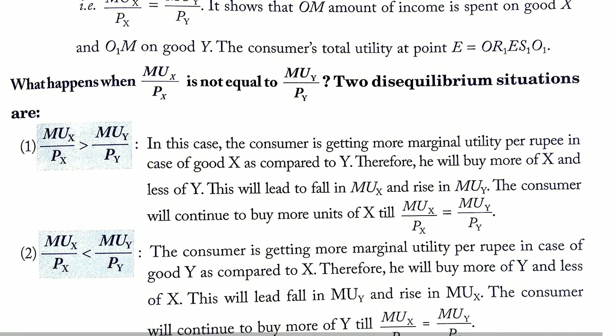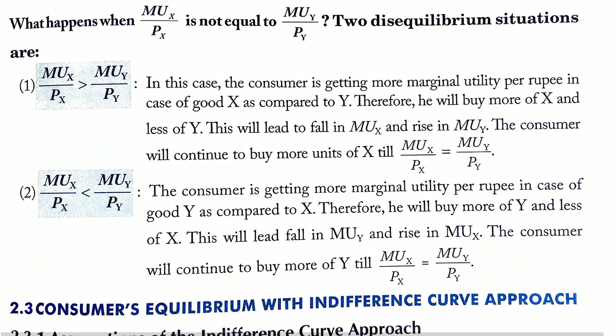Now, one more situation. What will happen when MUx by Px is not equal to MUy divided by price of Y? That means it is a situation of disequilibrium. In one particular commodity you are having more utility, and in another commodity you are having less.